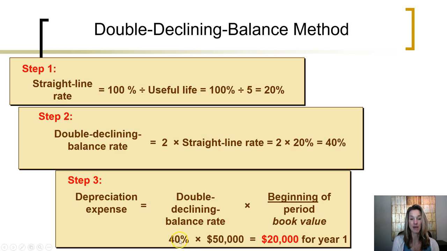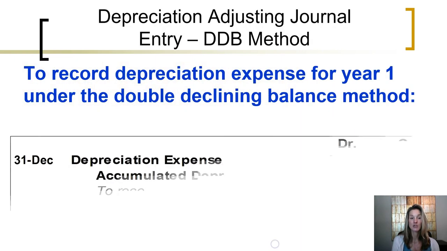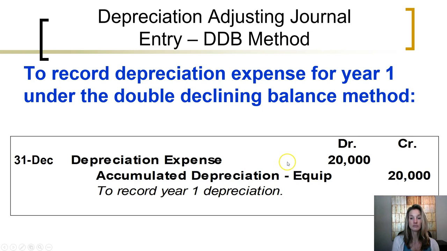So the double declining balance rate of 40% times the beginning of year book value of $50,000 means depreciation expense for year one will be $20,000. To record it for year one, debit depreciation expense for $20,000, credit accumulated depreciation for $20,000.